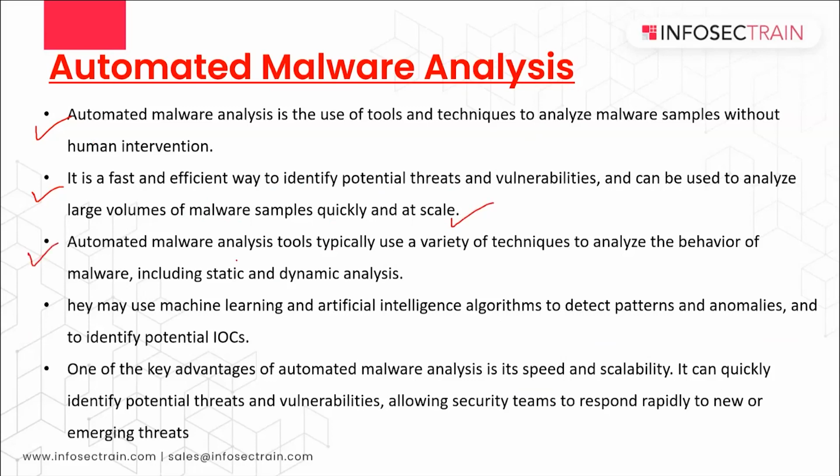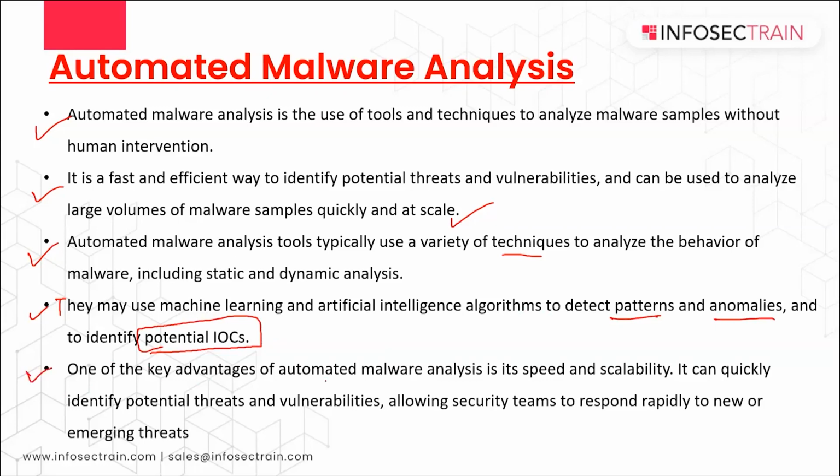Automated malware analysis tools typically use a variety of techniques to analyze the behavior of malware, including static and dynamic analysis, and they may use machine learning and artificial intelligence algorithms to detect patterns, anomalies, and potential IOCs, indicators of compromise.